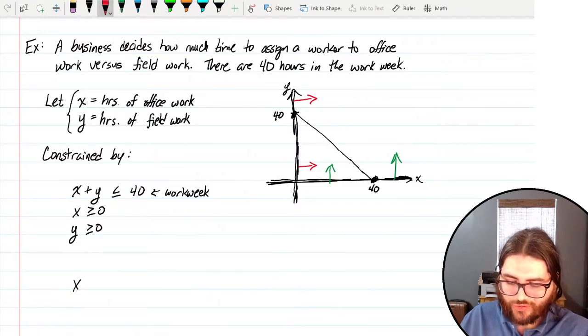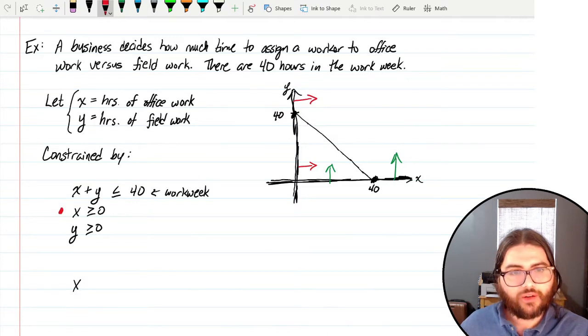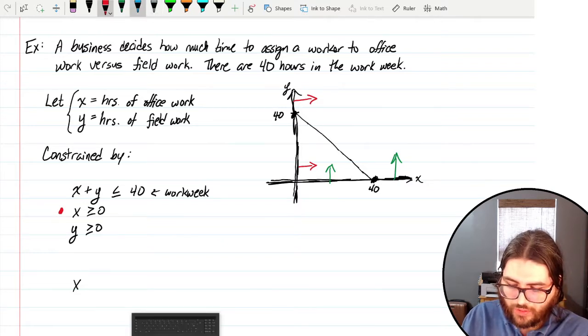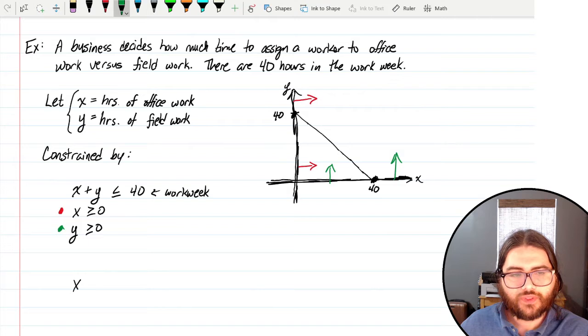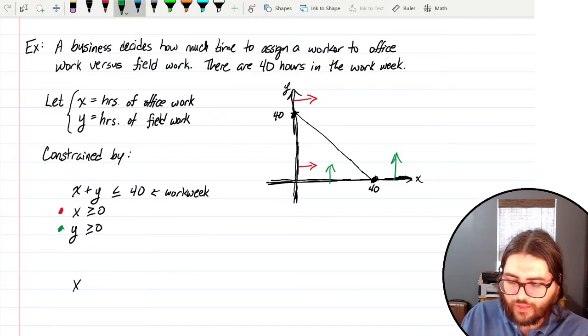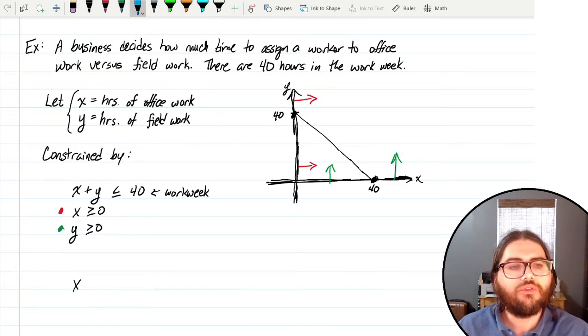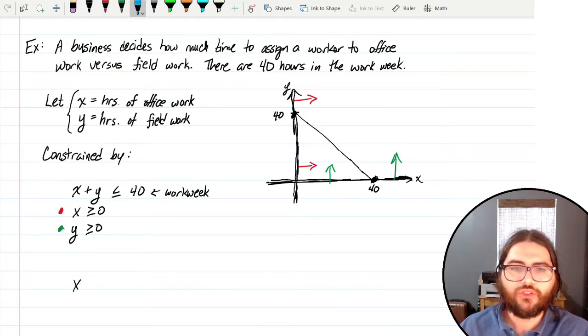The shading that you see: the red shading arrows come from the x is greater than or equal to 0 constraint. That's the right side of my picture. The green shading arrows come from the y is greater than or equal to 0 constraint. And the blue shading arrows will come from the x plus y is less than or equal to 40 constraint.